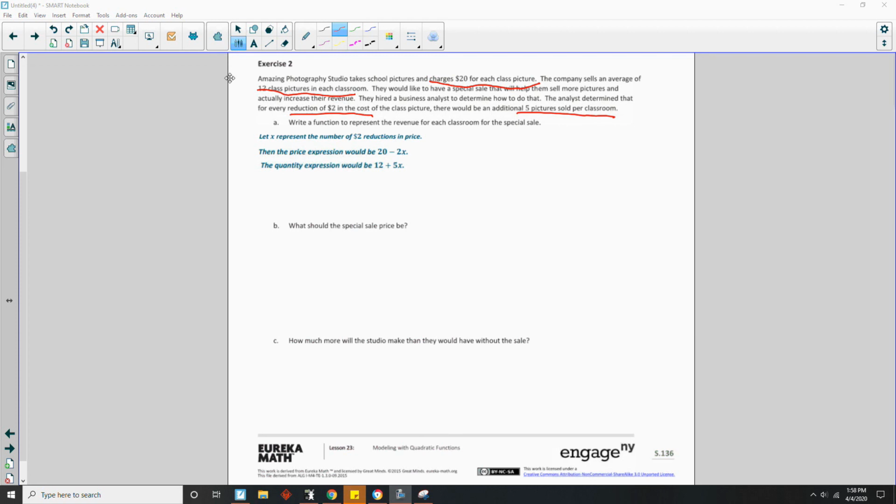So our revenue equation is going to be R of X equals, and it's the price times the quantity, so it would equal 20 minus 2X times 12 plus 5X. So then we're going to FOIL this to get a quadratic.